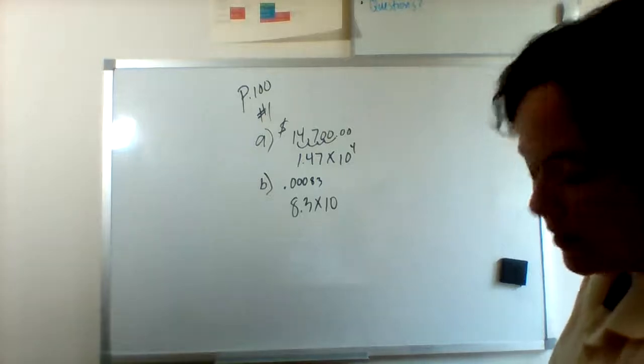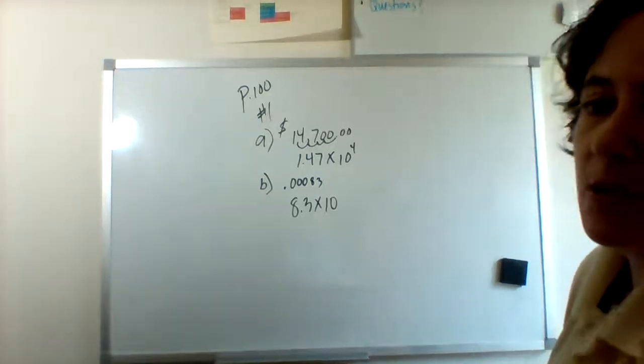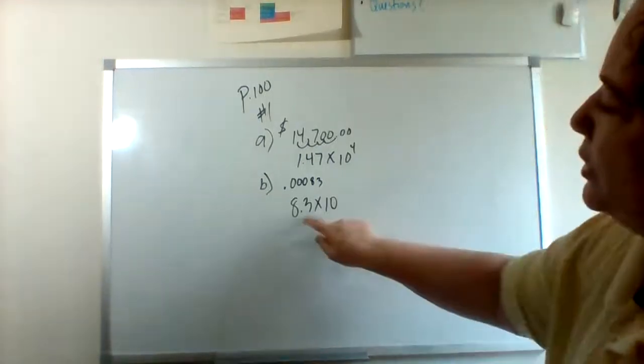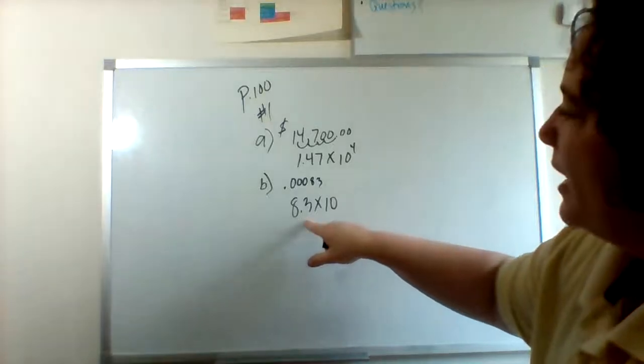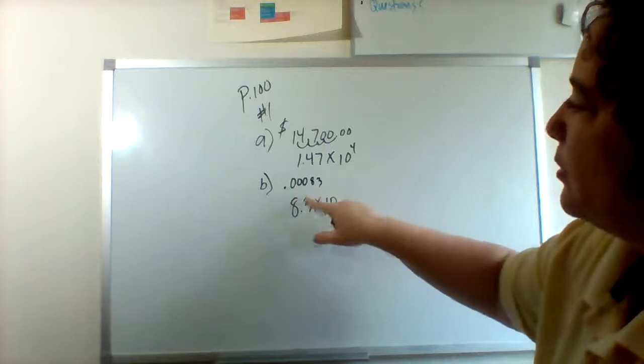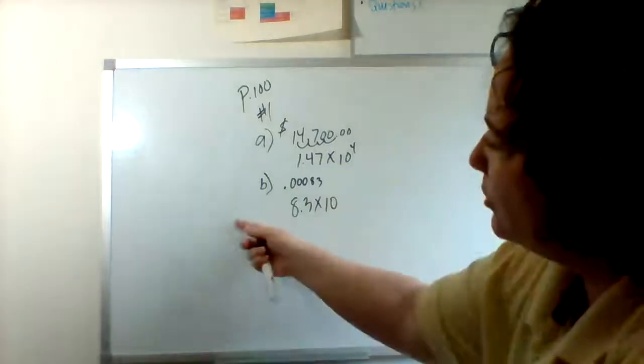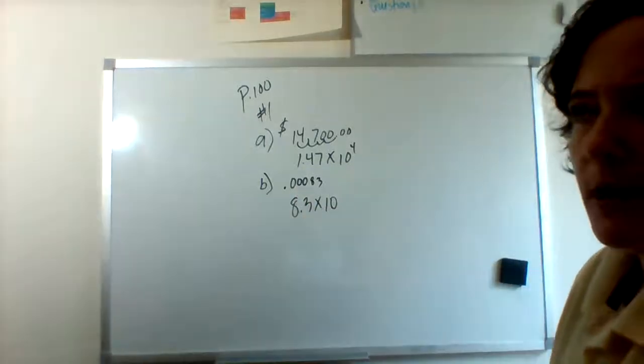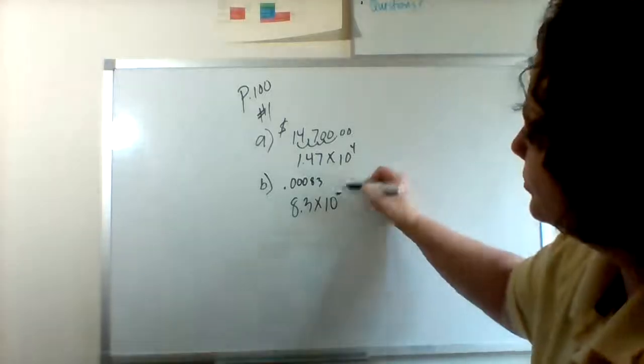8.3 times 10 to the... Now, this is where you have to be careful, okay? Is it going to the left or going to the right? This is your starting point. And to get to this number, you have to make the number smaller because this is way smaller than 8.3. So you know you have to move to the left. How many times do you have to move to the left?